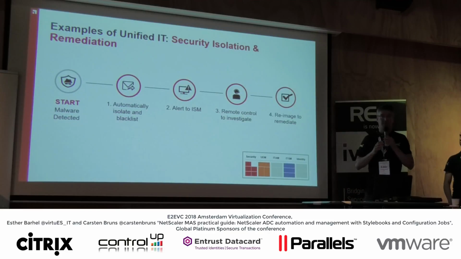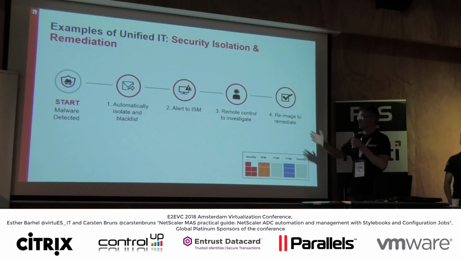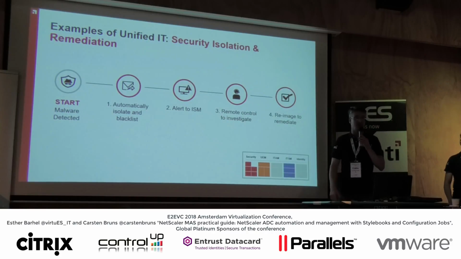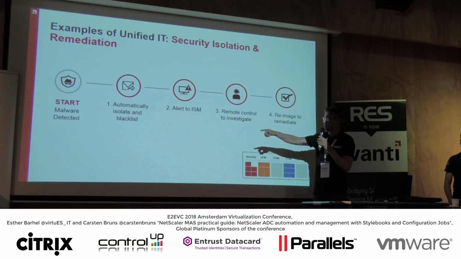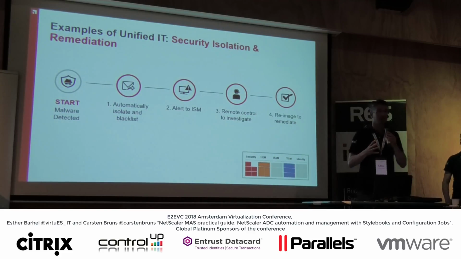For example, what happens if malware gets detected, right? You need to do multiple things. This is another use case outside of the whole education stuff, right? Malware gets detected. Well, the first thing you need to do is automatically isolate and blacklist that endpoint from your network, right? Well, totally blacklisted?